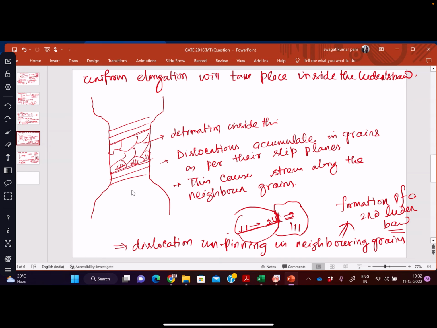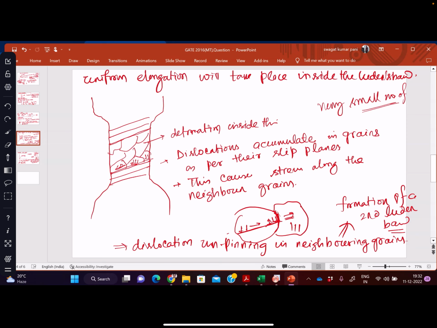Carbon atoms, actually if you see, we don't need many carbon atoms to pin the dislocations. If you calculate, given the lattice parameter, or the distance between atoms, we need a very small number of carbon atoms to pin a dislocation.